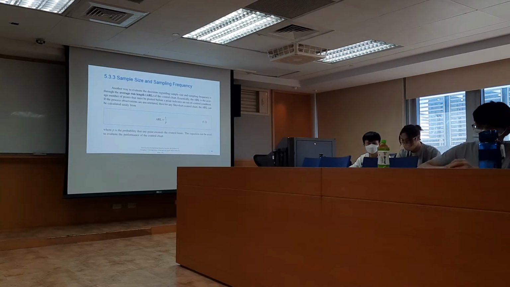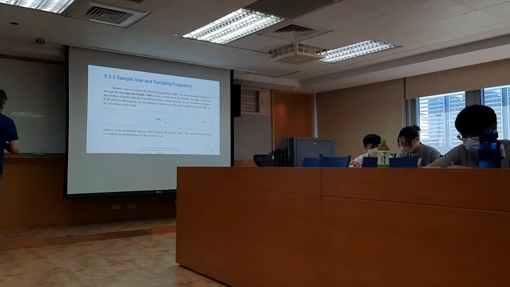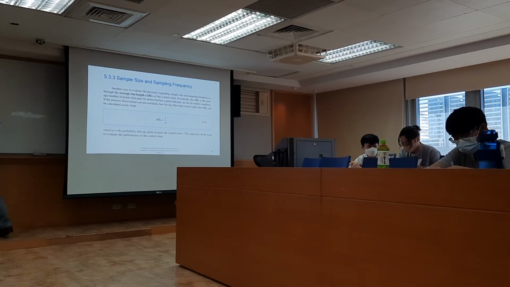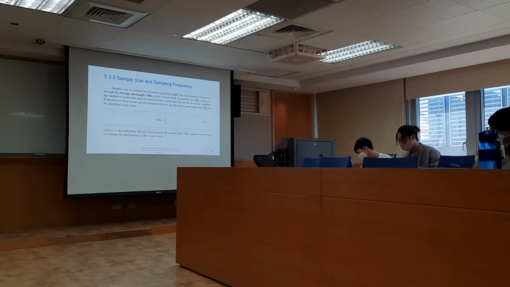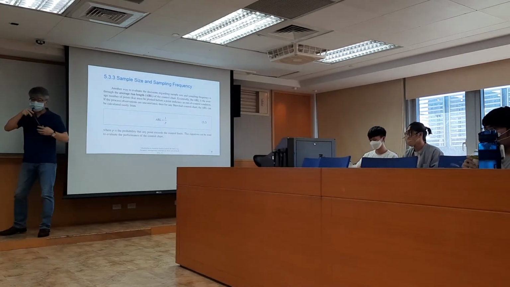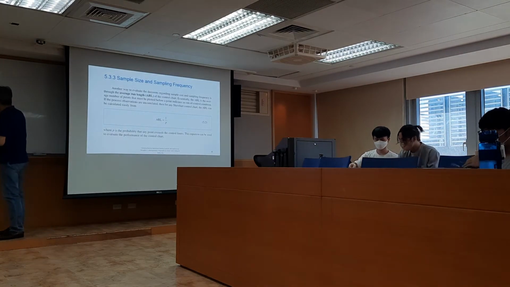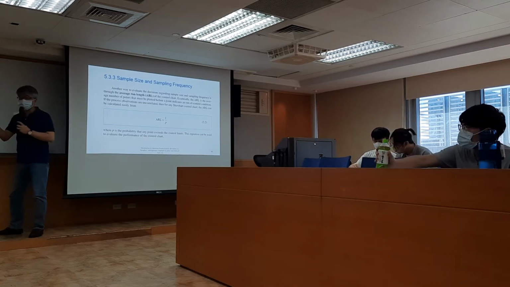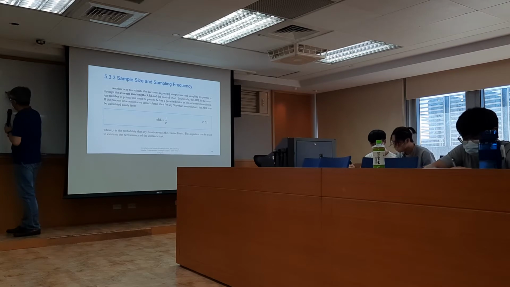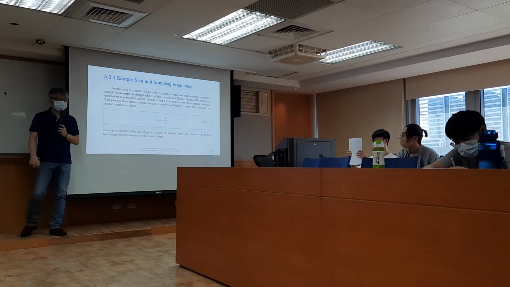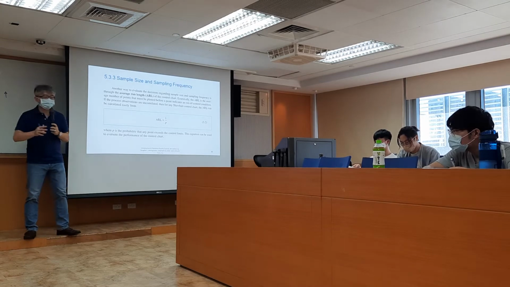Typically, we do have two types of ARL: ARL zero and ARL one. So when the process is in control, we wish the ARL to be as large as we can, right? Average run length.